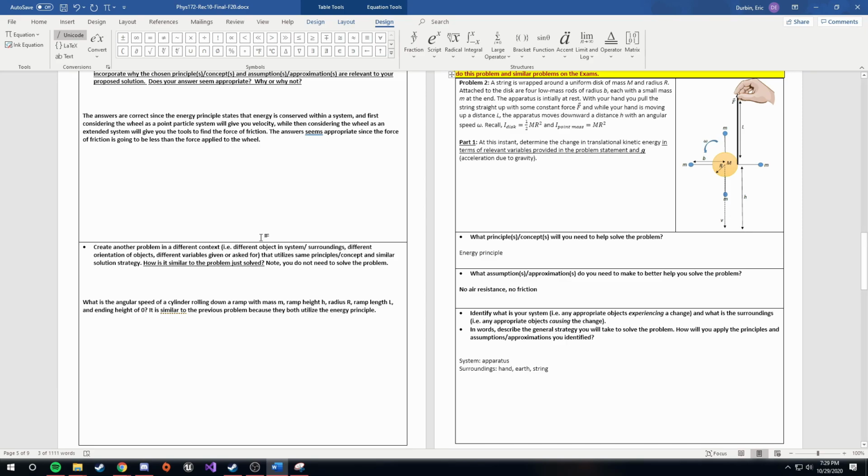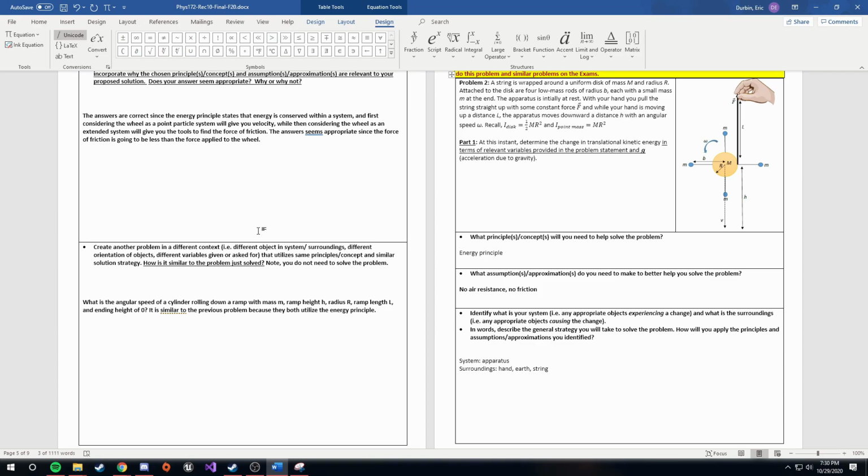It's going downwards. You pull the string straight up with constant force. So would it be F of h minus F of g? The displacement for the point particle would just be h, right? F times h. Yeah, so it'd be mass times gravity times h, minus the mass times gravity for the force of gravity, right?